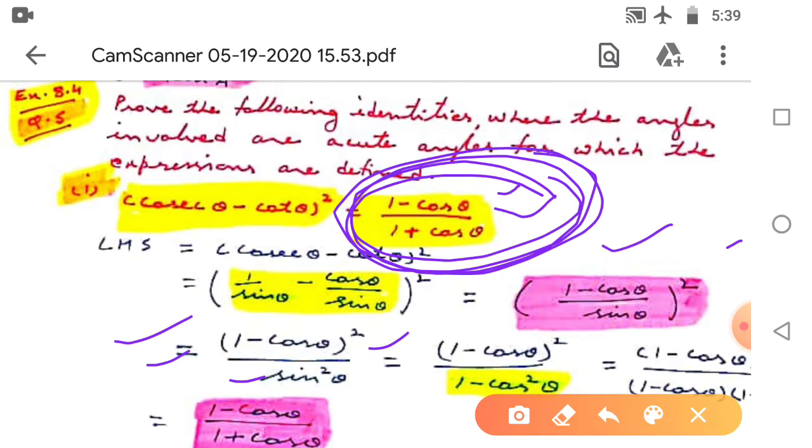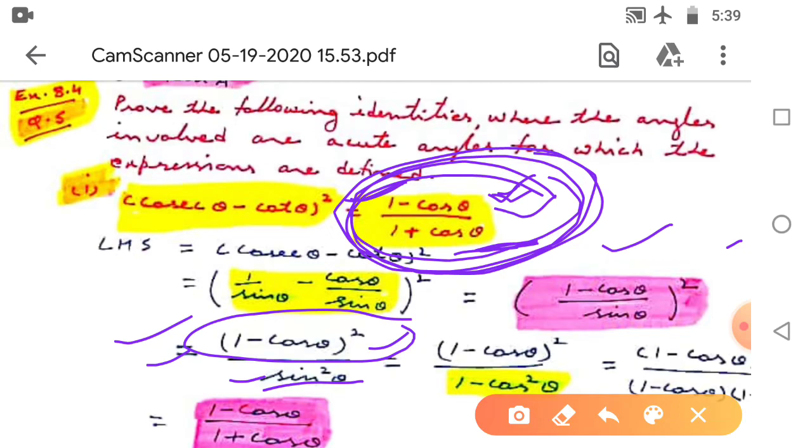Nothing to do with it. You need not open the bracket here because 1 minus cos theta is required in the RHS. So keep this 1 minus cos theta whole square as it is. Don't apply a minus b whole square here because we need 1 minus cos theta in the numerator, which is the RHS. But look, in the denominator we need 1 plus cos theta and here we have sine square theta.